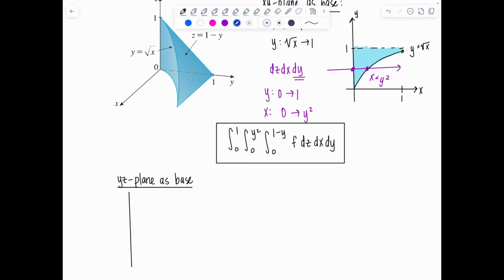So if the YZ plane is the base, we have 2 options: dx, dz, dy, and dx, dy, dz. The outer 2 determine the base, and then this is the height of the solid.